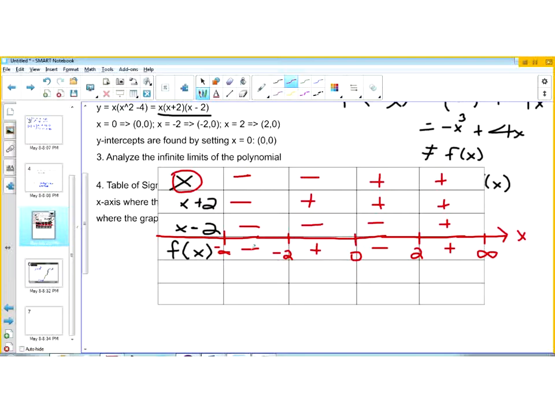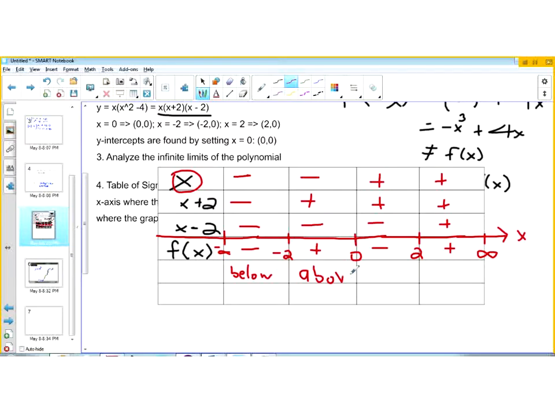So this is our table of signs. So what does this mean? Well, this means that on the x-axis, if we were to plot this graph, the structure of the graph would be below the x-axis. If you have any content of the graph above the x-axis on this interval, then your drawing is incorrect.